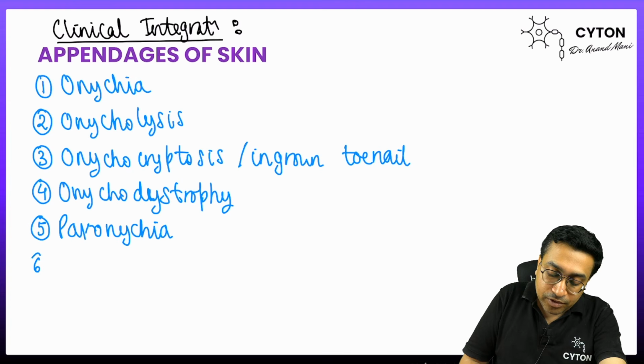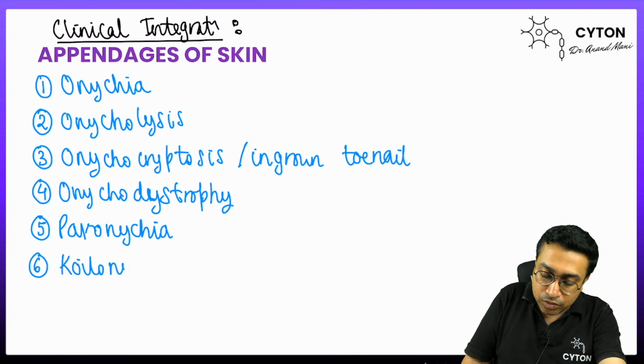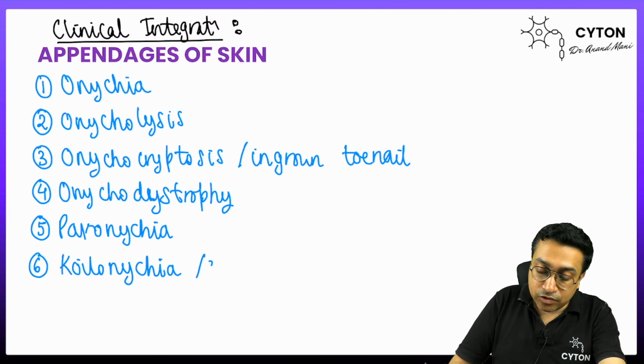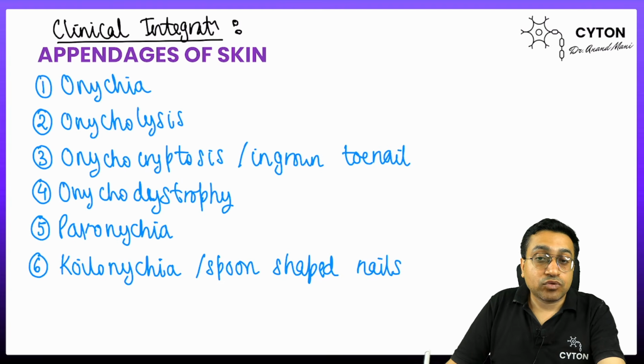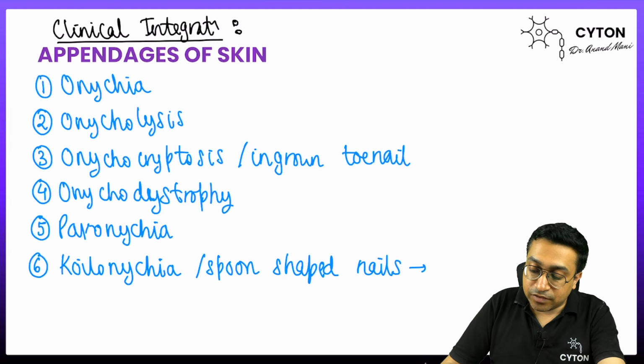Then you have number 6, koilonychia. It is also known as spoon shaped nails. This is due to iron deficiency or B12 deficiency.